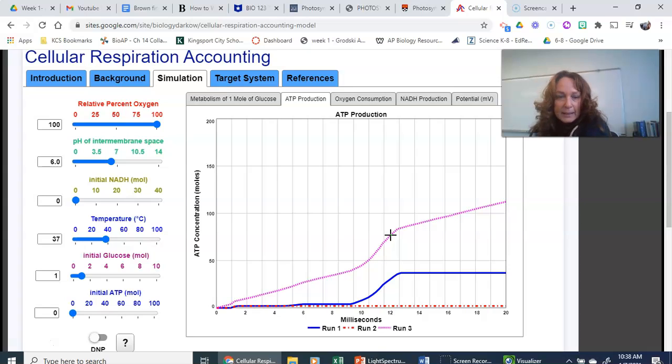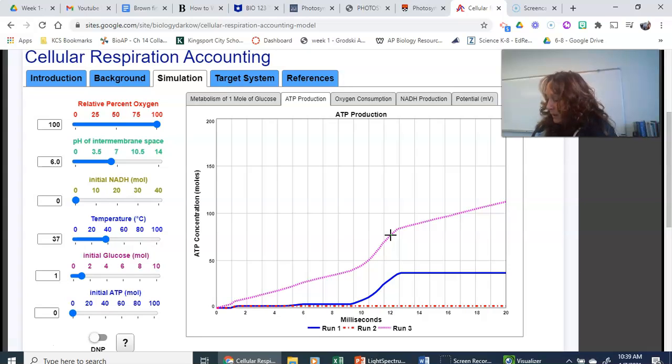So for ATP, I did not have this 0 and then 2. I had not a really linear thing, but I'm just going to put an increase from 0 to 50, and then a rapid increase from 50 to 80, and then an increase from 80 to about 110.